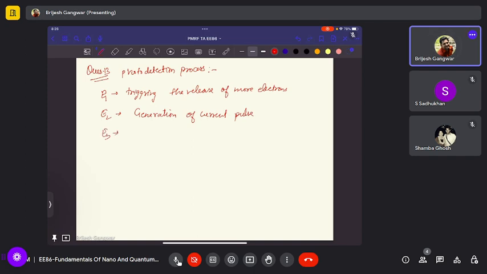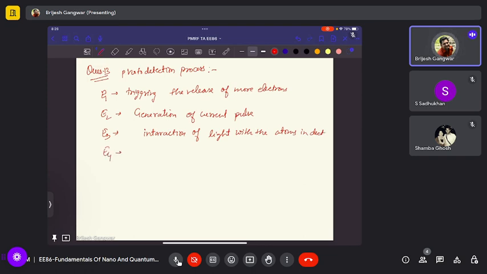The third one is interaction of light with the atom in the detector.